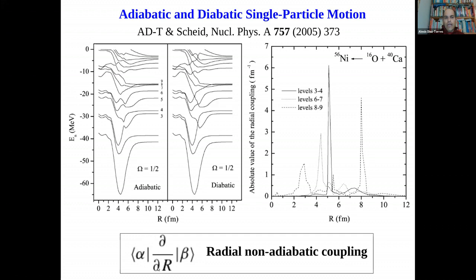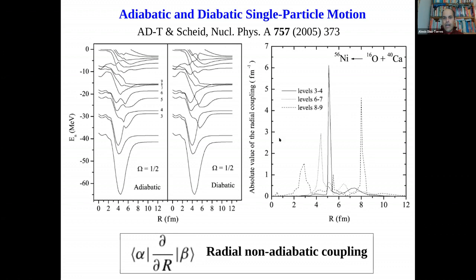And if we calculate the so-called radial non-adiabatic couplings, the couplings between two states, alpha and beta, for example, 3 and 4, or 5 and 6, or 7 and 8, etc. And this operator here is related to the kinetic energy operator for the internuclear motion. And R, as I said, is the distance between the centers of mass of the two nuclei.